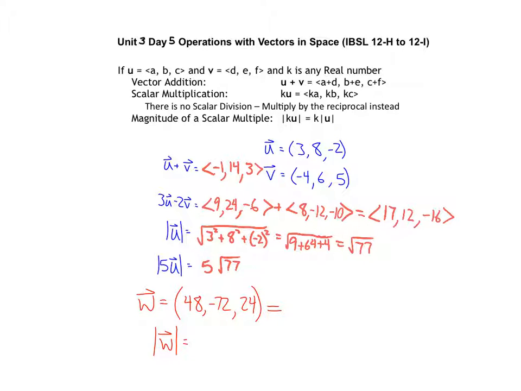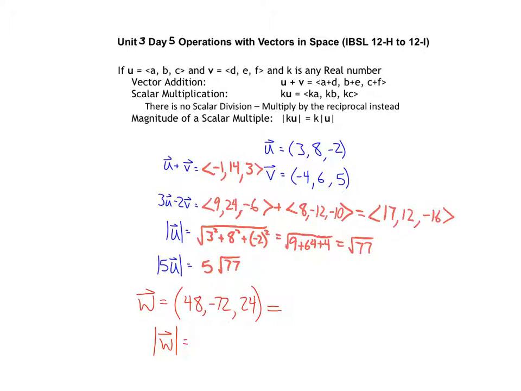Now, the nice thing about this is that you can also do things to make the calculations a little easier. Like, we could do 48 squared, negative 72 squared, and 24 squared. Or, notice w has a common factor here, doesn't it?